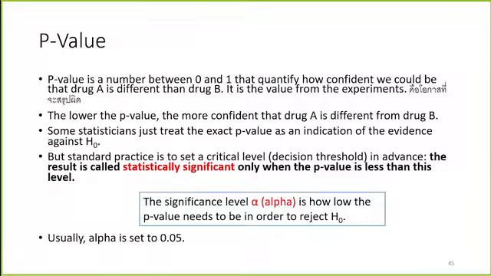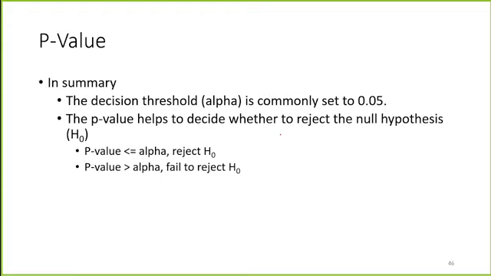In summary, we need a decision threshold alpha set in advance, usually 0.05. Then we do experiments with a hypothesis, and the experiment tells me the p-value.